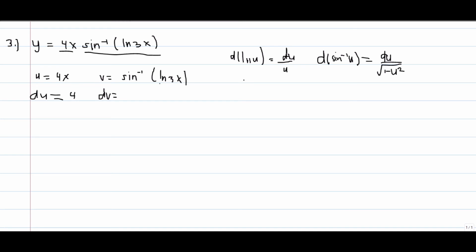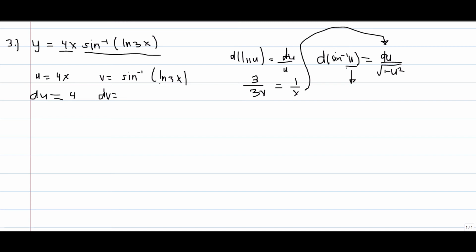Derive ln 3x, so we have the derivative of 3x, that is 3, over the u, or this can be 3 over 3x, or that is equal to 1 over x. And that is our du in this case.